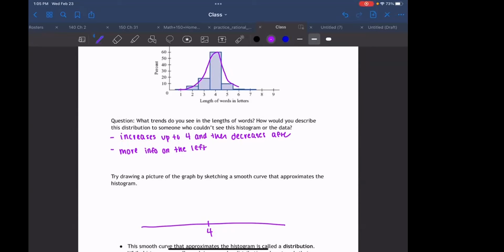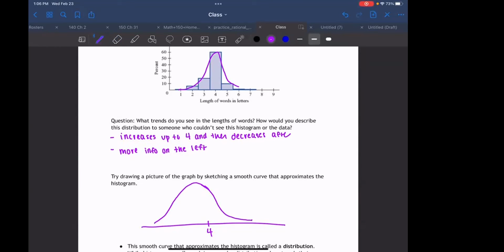So if I were to draw this, I would try to make it seem like there's more information to the left, and then it drops off a little bit more quickly once I hit 4. Okay, I didn't draw it very smoothly. Should be a little bit more smooth here. Like that.